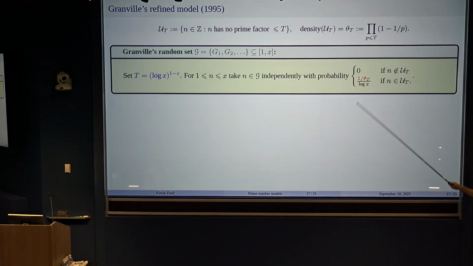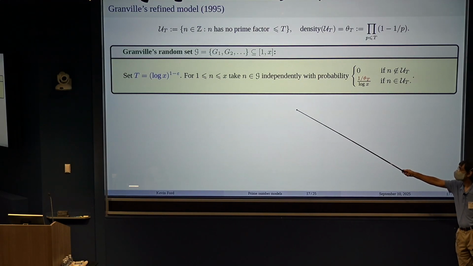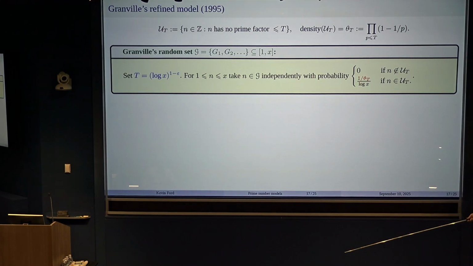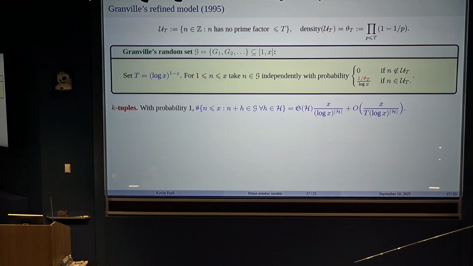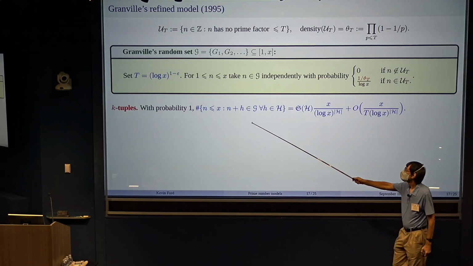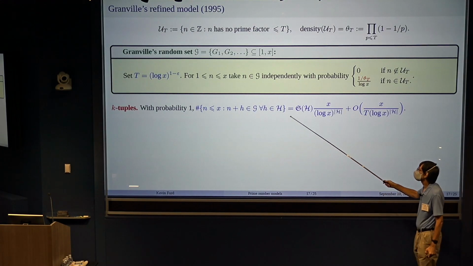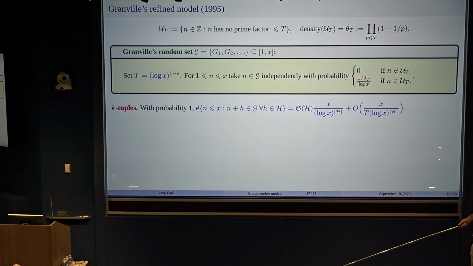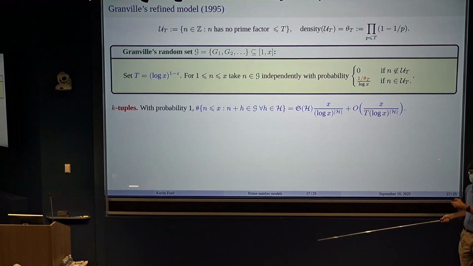And that numerator is designed to correct the global density, to make sure that the number of integers in this set up to x is still about x over log x by the prime number theorem. So it not only satisfies the prime number theorem, but it also satisfies the analog of the Hardy-Littlewood conjectures, which is what it was designed to do.